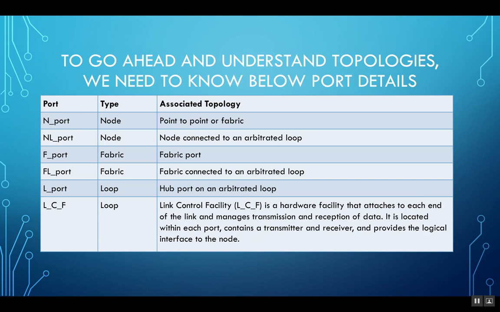There's a fabric port in arbitrated loop, which is the FL port. There's an L port, which is the hub port in the arbitrated loop. I'm going to talk about what an arbitrated loop is, what a fabric is, and where we use point to point in detail. I'm giving this overview so you understand the terms we'll be using in our next slides.